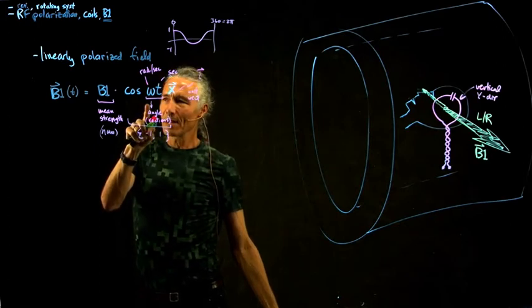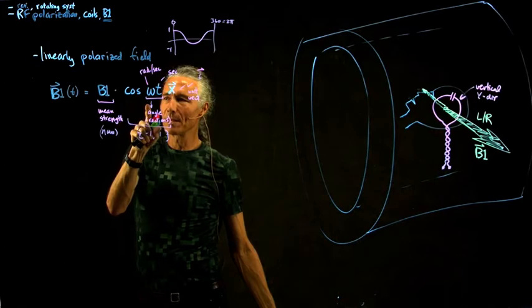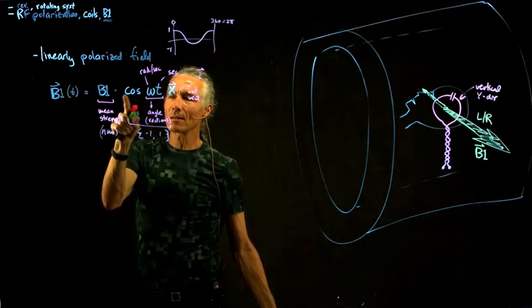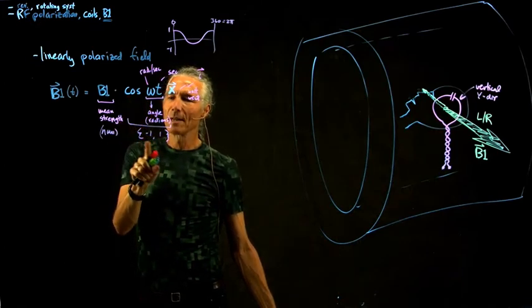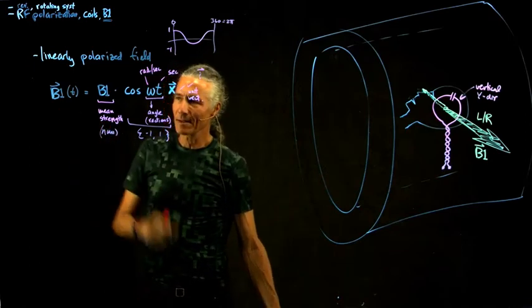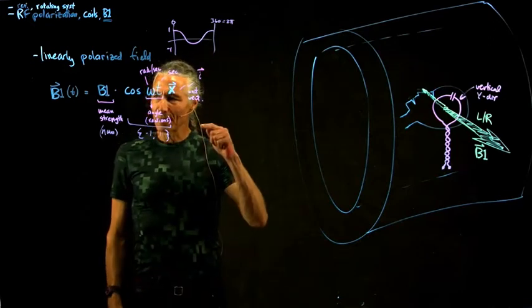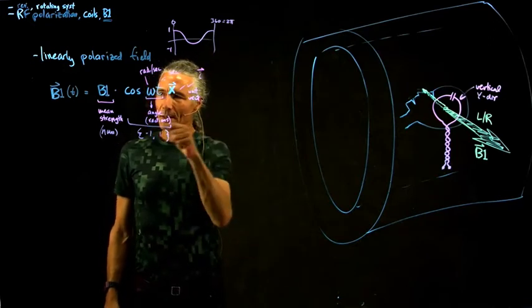This is the angle at any instant in time, so as time keeps ticking up, that angle is going to be changing. Then we take the cosine of that angle, get something between 1 and -1, and scale it by the mean strength. So that's a linearly polarized field. That means it just goes back and forth along one direction.